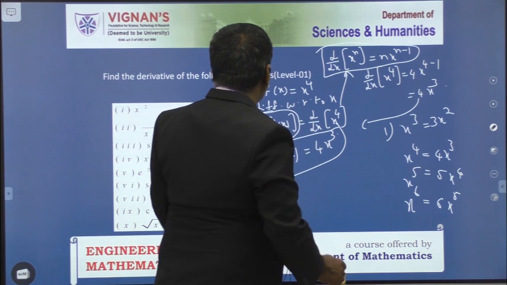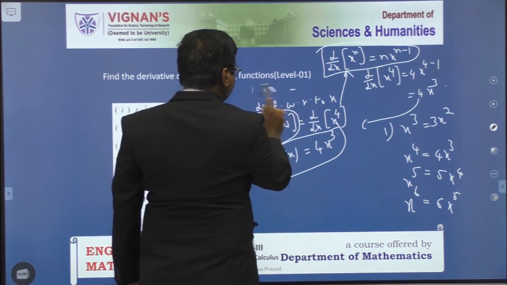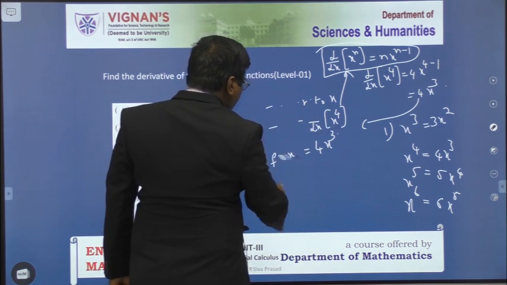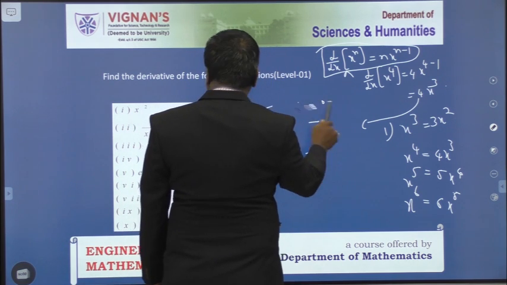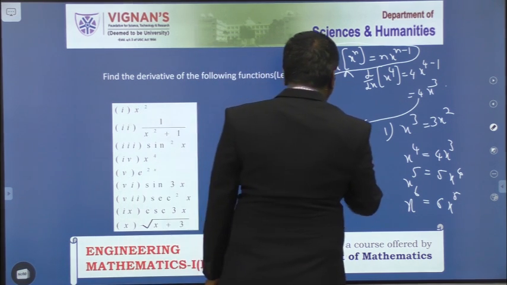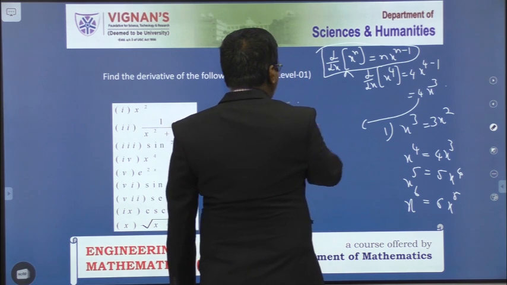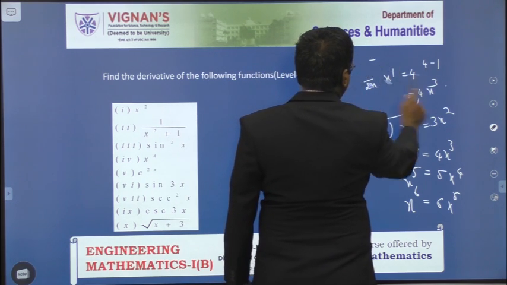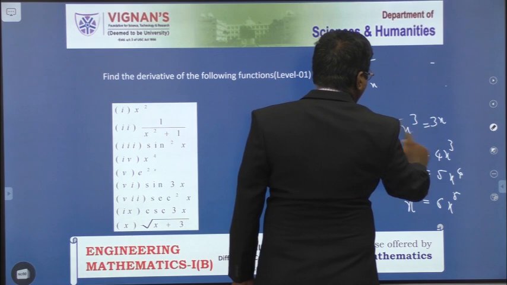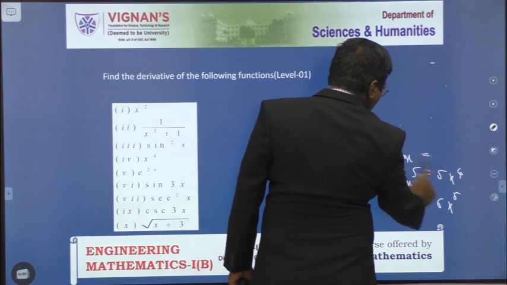Next, the second one is d by dx of 1 by x square plus 1. Here, since it is a fraction, what formula should be applied?